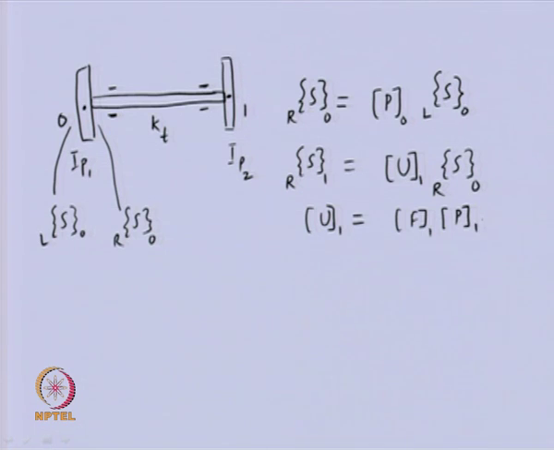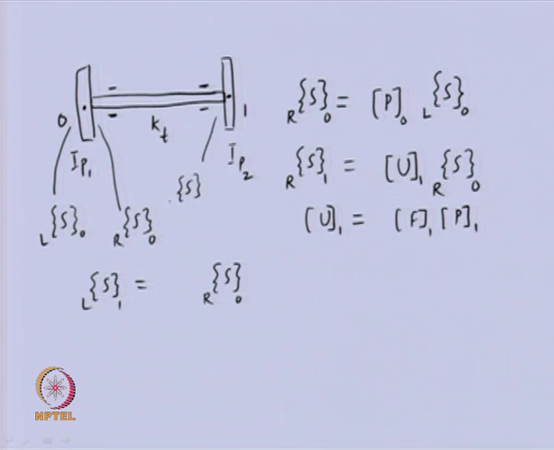You can see that this ordering is very important. Let us see again for clarity. We first need to obtain the state vector left of 1 from the state vector right of 0.